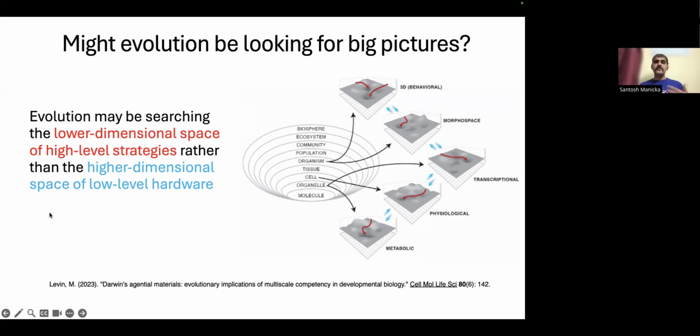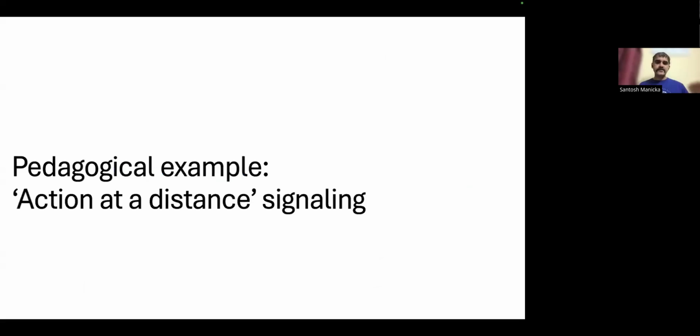He proposed that maybe evolution is searching in the lower dimensional space of these high-level strategies, because these strategies are by design simpler than the higher dimensional space of lower-level hardware, such as gene networks or physiological networks and so on and so forth. So this is the motivation for a lot of research that we have done here.